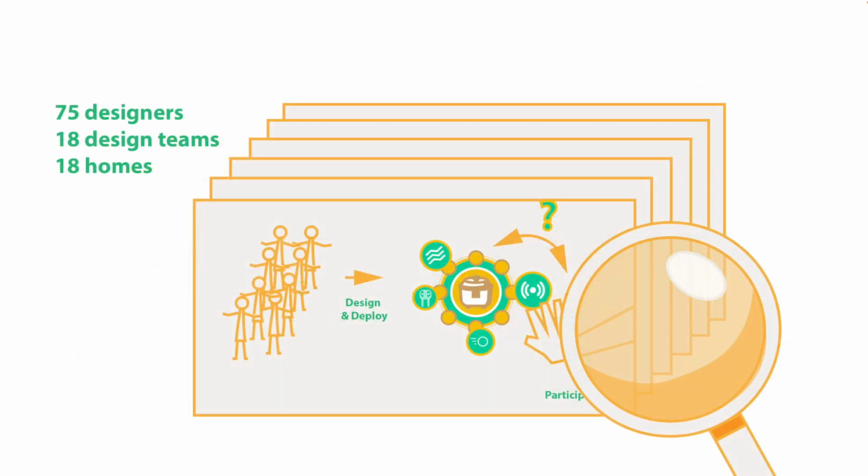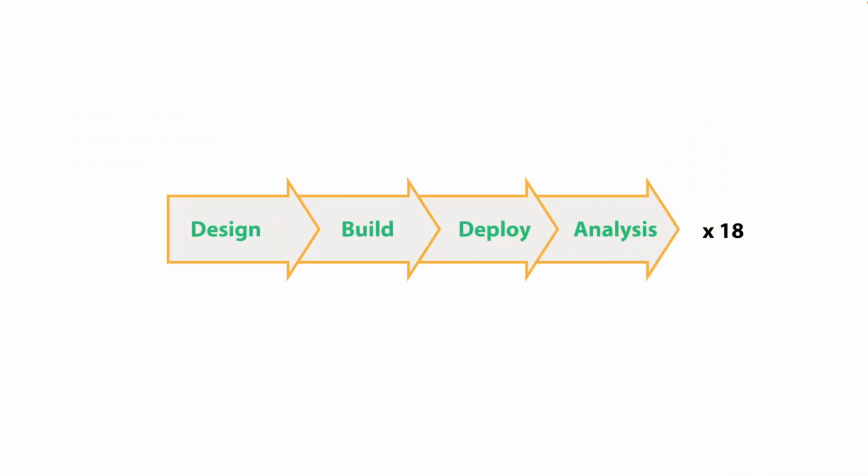We invited 75 bachelor-level design students, grouped into 18 teams, to actually design, build, and deploy data-enabled objects into practice. We look into their design process, reflections, and feedback from their participants to construct a design space for privacy-aware data-enabled objects.